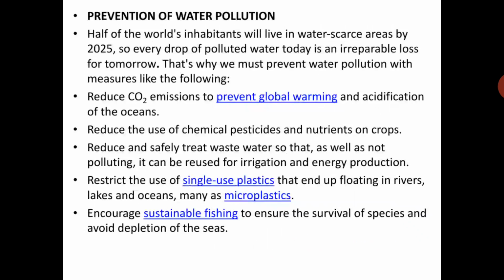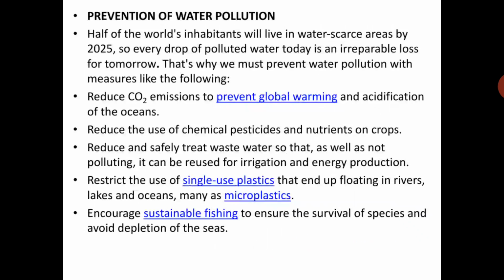Reduce CO2 emissions to prevent global warming and acidification of the oceans. Reduce the use of chemical pesticides and nutrients on the crops. Reduce and safely treat wastewater so that, as well as not polluting, it can be reused for irrigation and energy production.